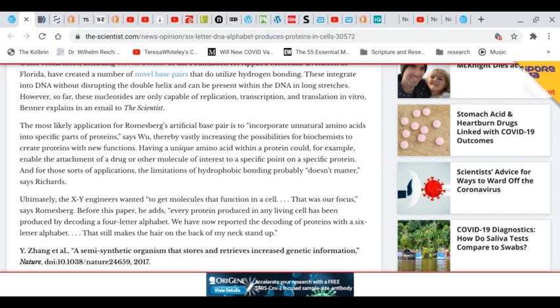Having a unique amino acid within a protein could, for example, enable the attachment of a drug or other molecule of interest to a specific point on a specific protein.